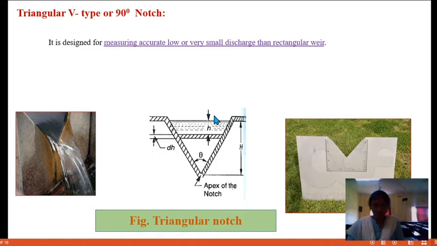It may be 30 degrees or 60 degrees or 90 degrees. So this is the second type of notch, the V-notch or triangular notch.